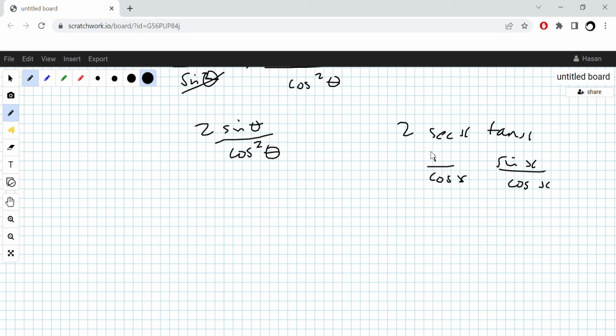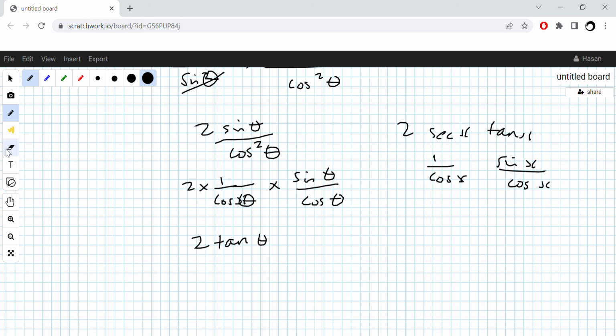We can bring out 1 over cos theta, and that would leave us with sin theta over cos theta, as you've taken out cos theta. That's the same as tan theta.